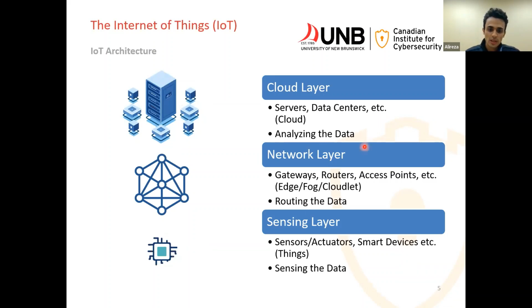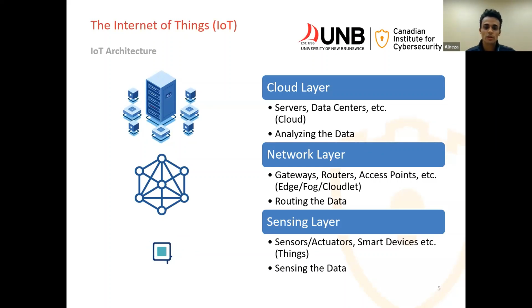On the network layer, there are gateways, routers, access points, et cetera, we call them sometimes edge nodes, fog nodes, and cloudlet nodes. And using these devices and nodes inside our network layer, we route those sensory data from the sensors and the sensing layer to the cloud layer.